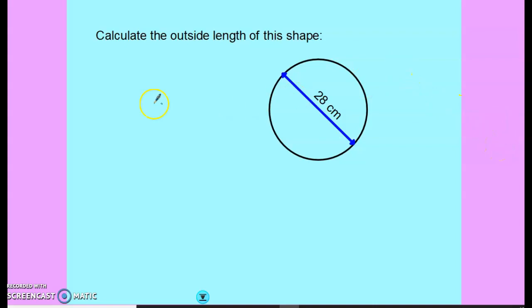Okay, let's try another one. Calculate the outside length of this shape. Again, it's a circle. Circumference of a circle is C equals pi d. This time I've been given the line that goes through the centre from edge to edge. So the diameter here is 28 centimetres, so I don't need to worry about doubling it. So to find my circumference, I'm going to do pi times my diameter, which is 28.